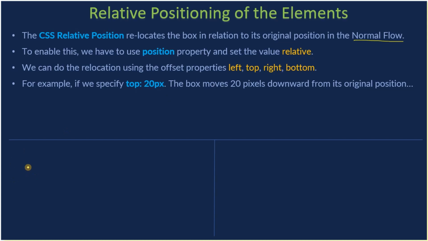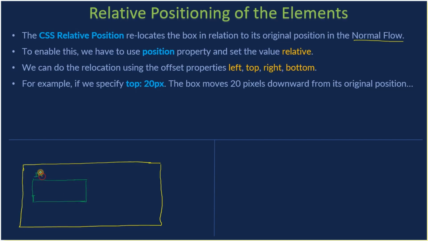Let's state that this is our browser window, and when using the normal flow, let's state that there is a specific div tag that is located at this specific location. Any block level element we can take. Inline also we can take, but here in this example we took a div tag.